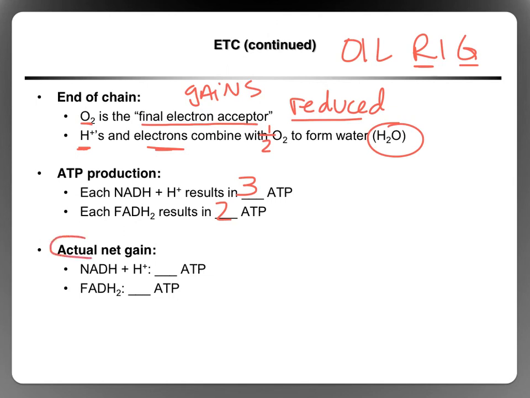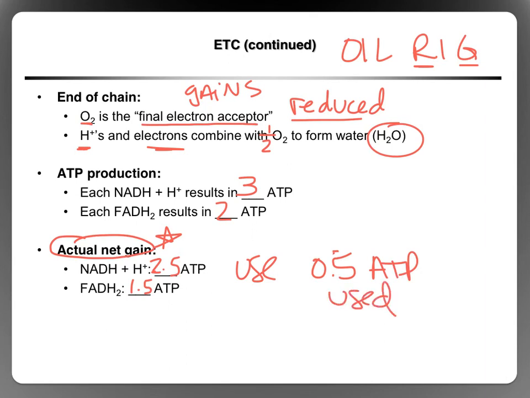But the actual net gain, and these are the numbers you need to remember, is actually 2.5 and 1.5, because in the process we use a half of an ATP. So our actual net gain is 2.5 and 1.5, depending on what carried those hydrogen and electrons in. And that's the electron transport chain.